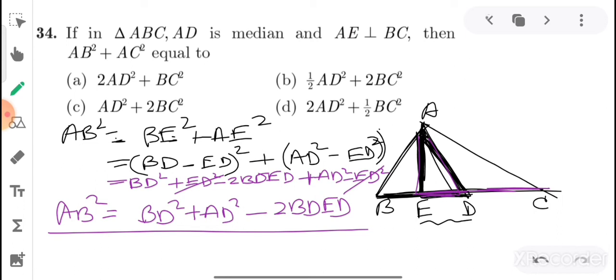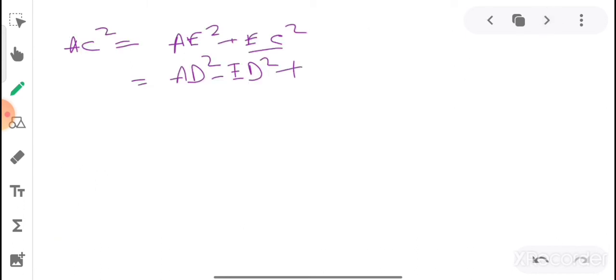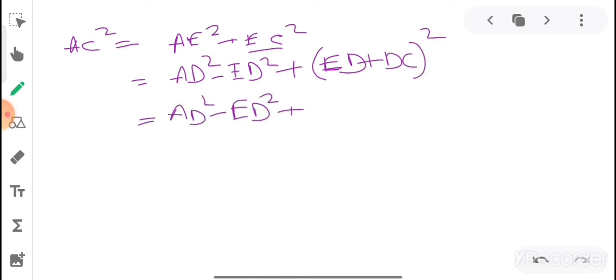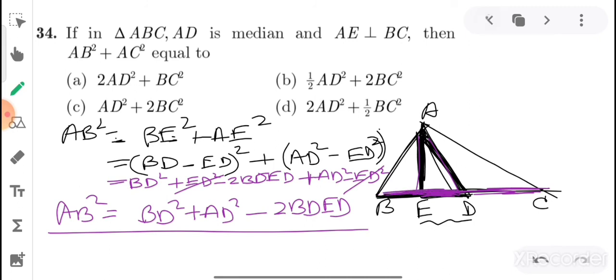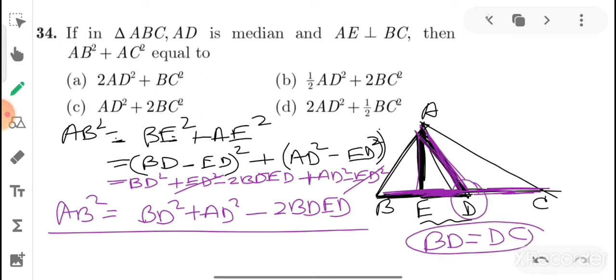For EC, we can write ED plus DC, and this will be ED plus DC whole square. AD square minus ED square plus, by the whole square formula, AD square plus DC square plus 2 ED DC. ED square cancels, and we can write BD square for DC square, as BD is equal to DC. Why? As AD is the median, D is the midpoint of BC, so BD is equal to DC.